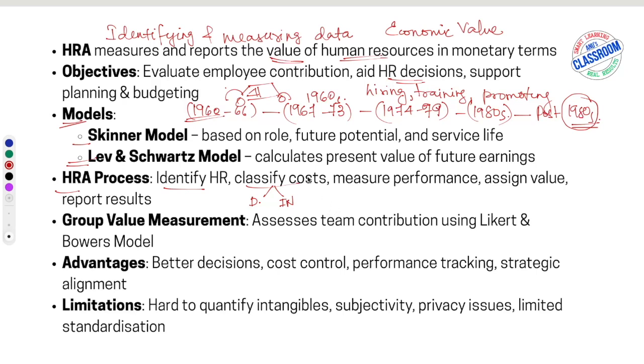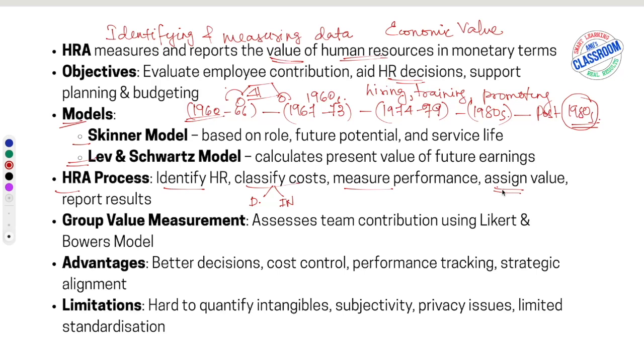Once it classifies this cost, it will measure the performance. How is HR effort measured? Using metrics like productivity, innovation, customer satisfaction, and all. It will measure the performance of these human resources. Once that is done, we will assign a value using methods like activity based costing or economic value methods and all.